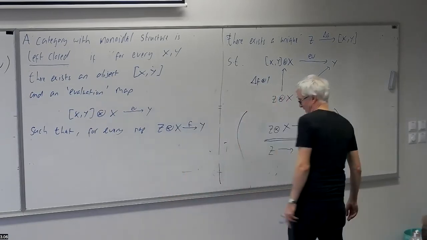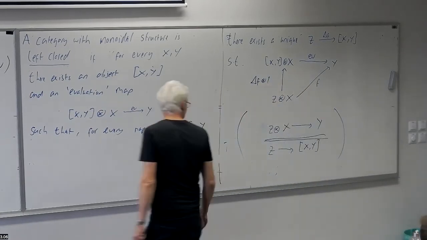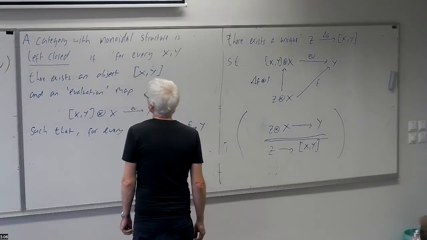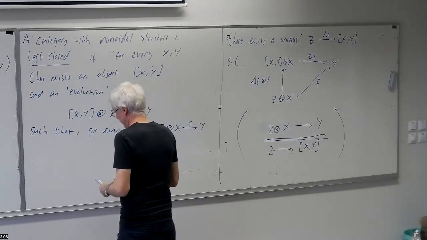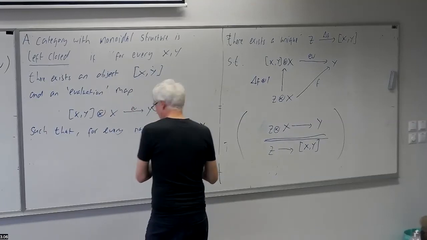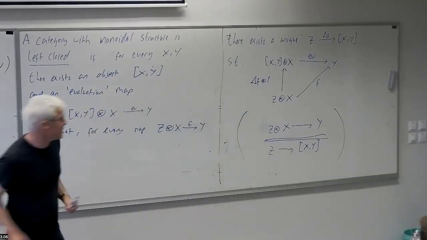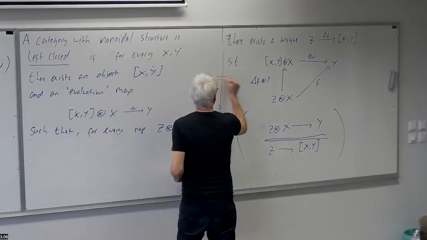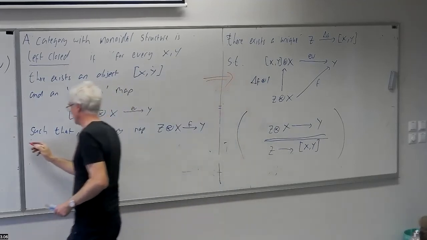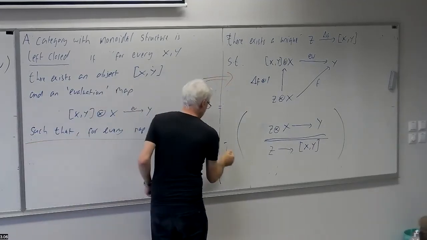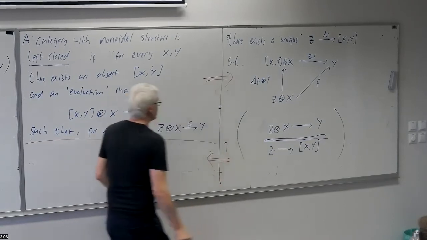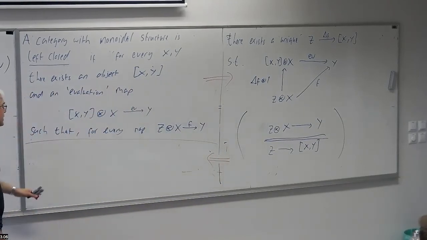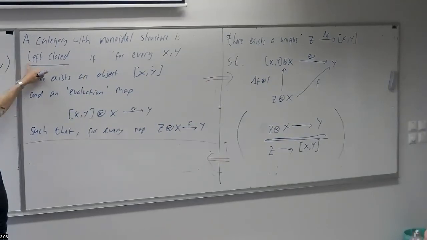Maybe somebody can remind me about that. So here, let's repeat the spatial flow that we had before. We've defined the notion of left closed monoidal category.